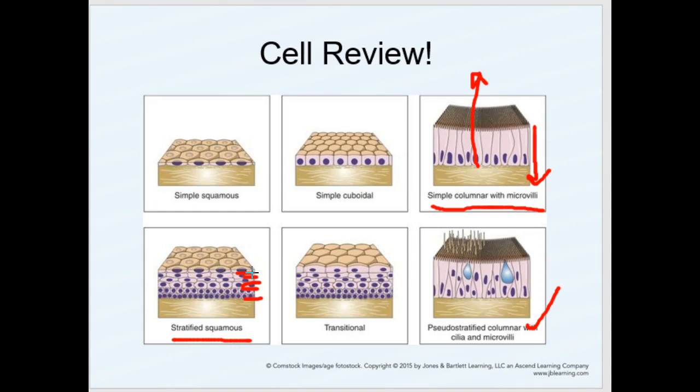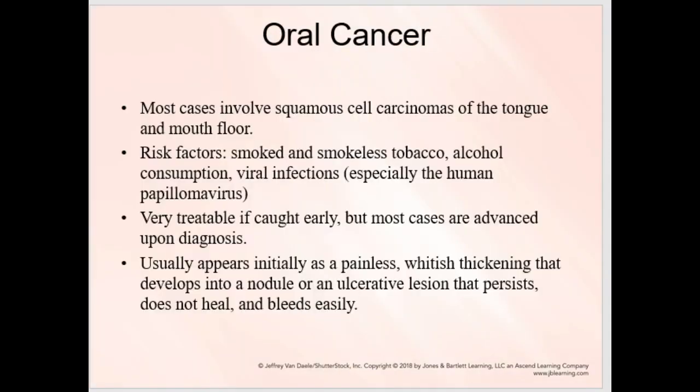And stratified squamous is going to be in the mouth and the esophagus and the anus, which are areas of higher friction because we're ingesting substances and excreting them. So we create more of a protective layer with multiple cells stacked on top of themselves. And the only reason I bring that up is because in oral cancer and esophageal cancer, the stratified squamous cells are going to be the ones that become cancerous.